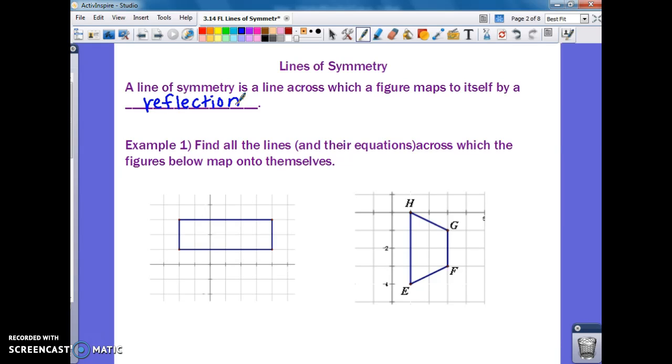Example 1. Find all the lines and their equations across which the figures below map onto themselves. Well, the first figure we have is a rectangle.